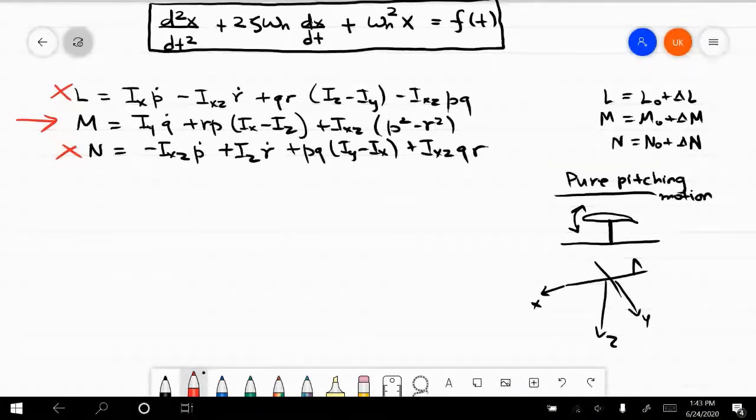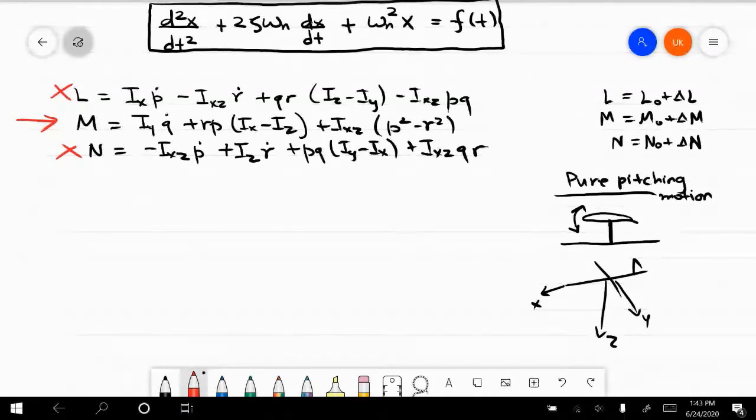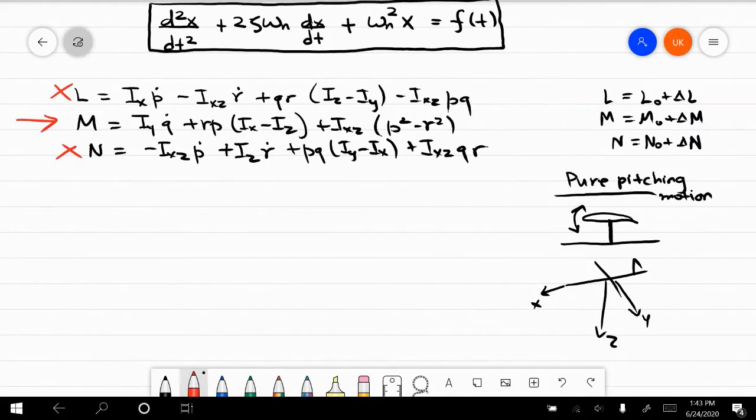Now we said that only pitching is allowed, so yawing and rolling are not allowed. The angular velocity has three components, P, Q, and R. P is the angular velocity about the x-axis, Q is the angular velocity in the y direction, and R is the angular velocity in the z direction.